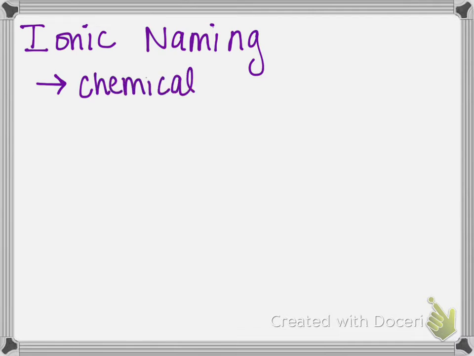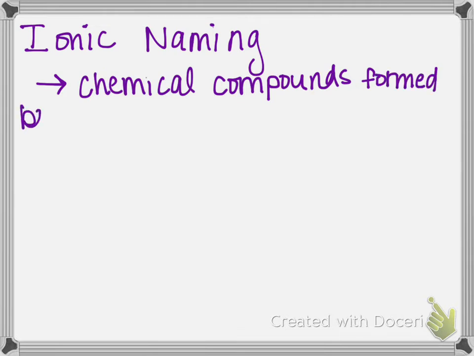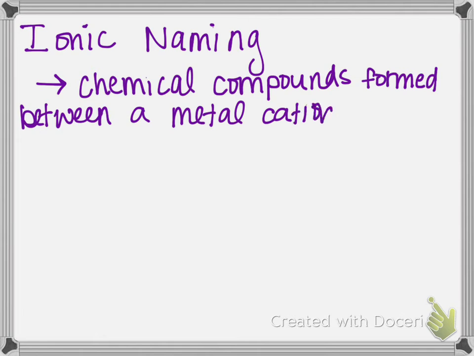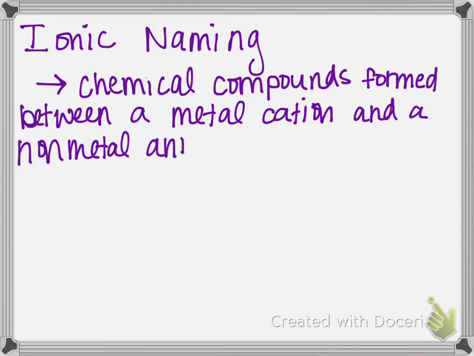Ionic compounds are chemical compounds formed between a metal cation and a non-metal anion. Okay, it's made between a metal cation and a non-metal anion.